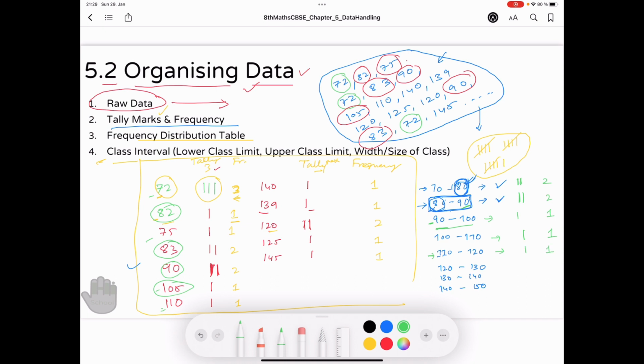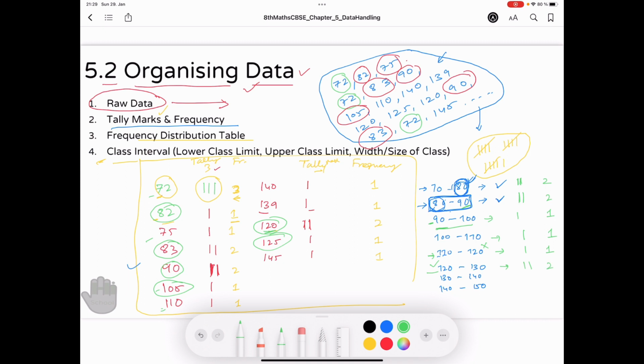Then 120 to 130: 120 is here, and 125 here. That's it.